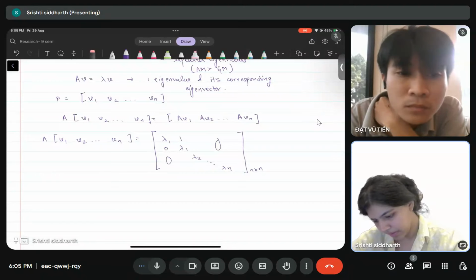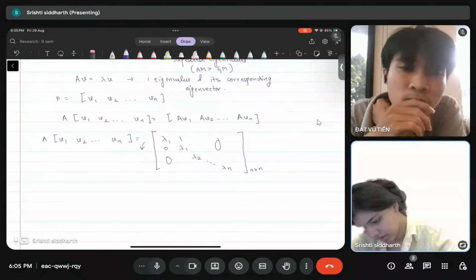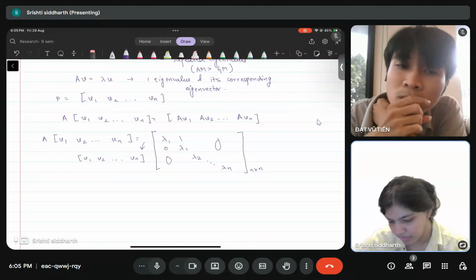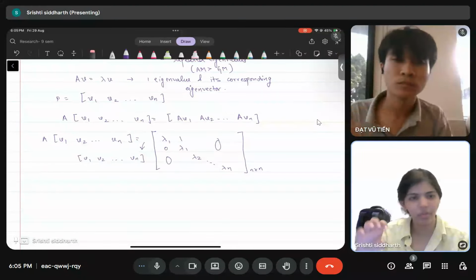So going to multiply with V, so I think this would be, you just have to take care of the dimensions.